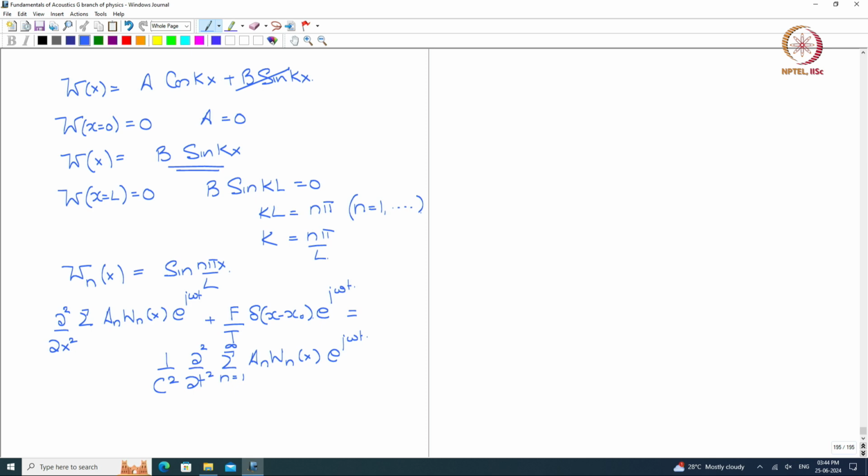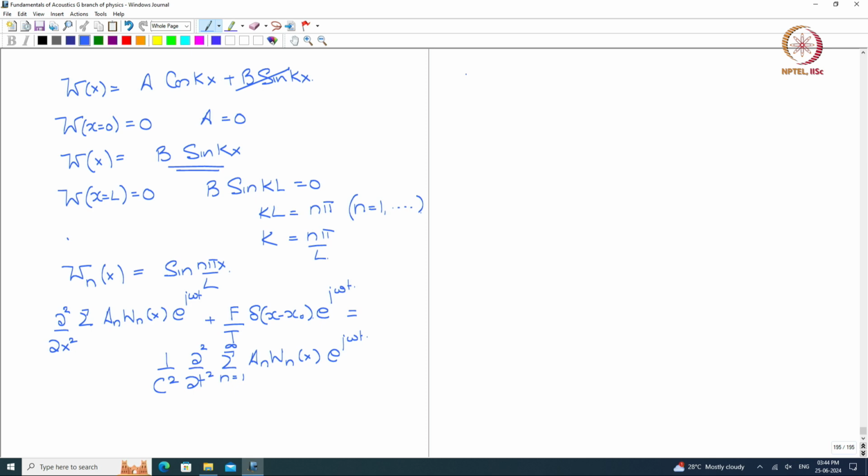Okay. Now we said these mode shapes are orthogonal. So Wn and Wm will be orthogonal to each other. So what we will do is we will multiply both sides by Wm.